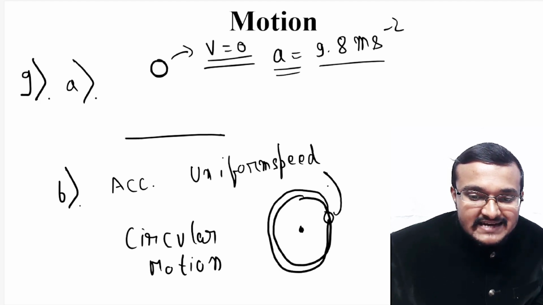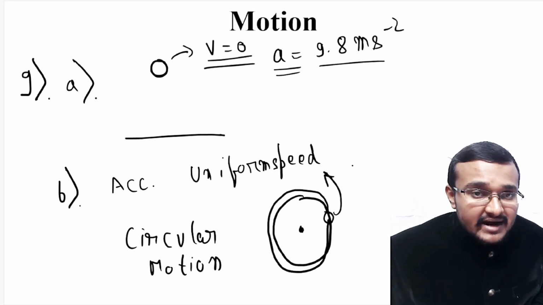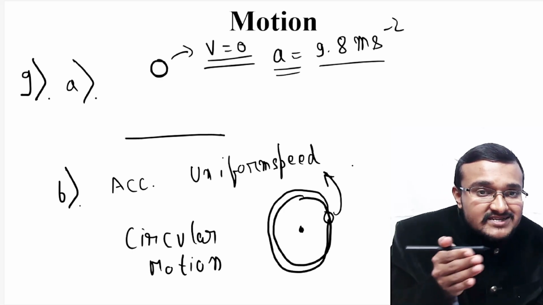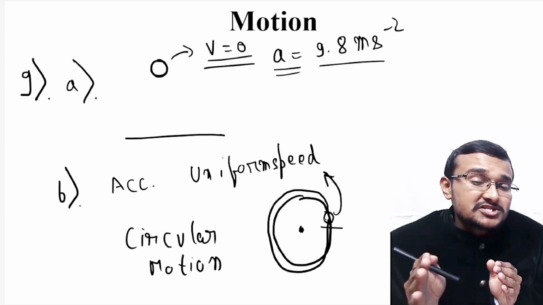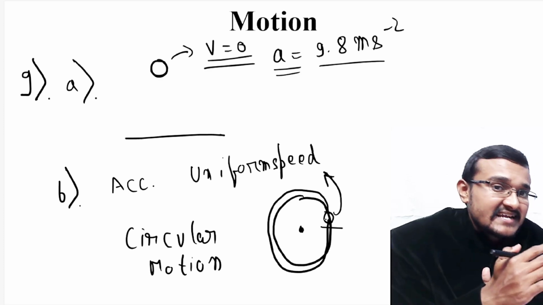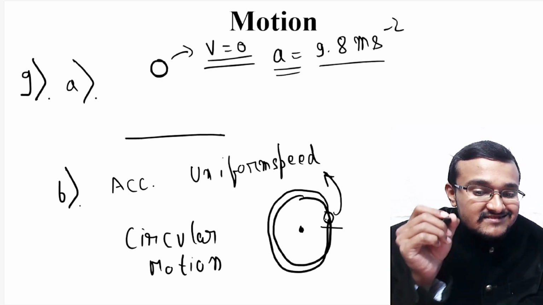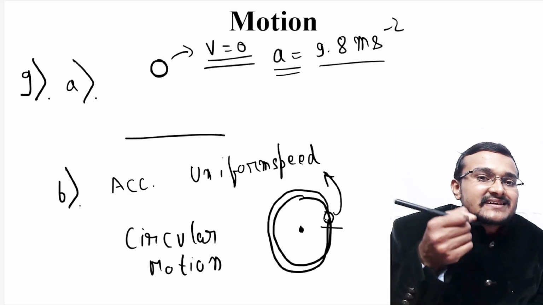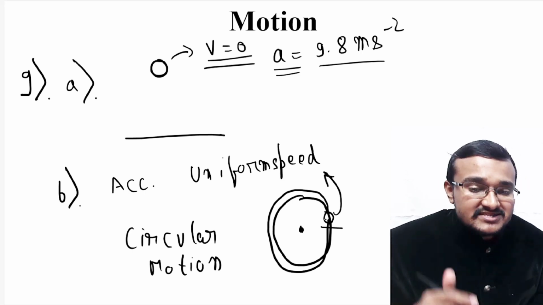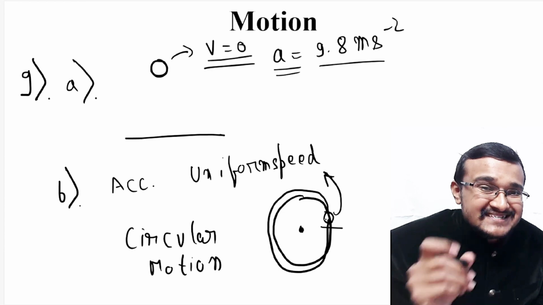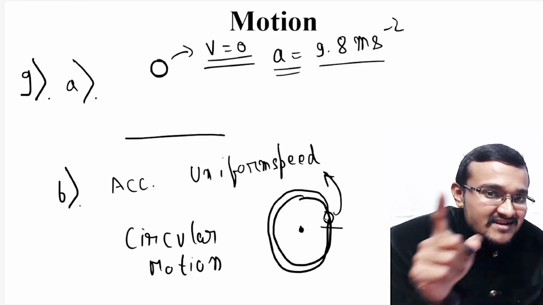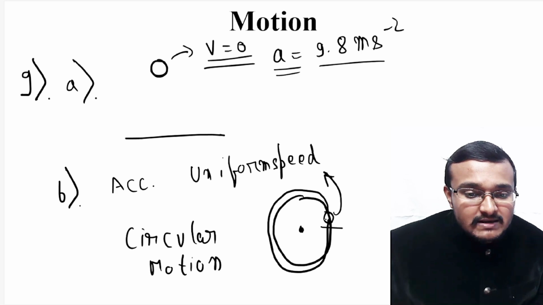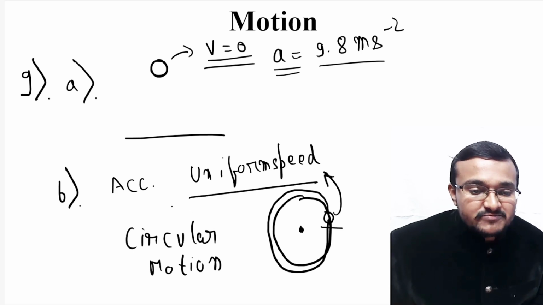That means here the object has uniform speed, but at every instant on that circular path, this object is changing its direction. Because there is continuous change in direction, this object is said to be an accelerated motion object. That means this motion is an accelerated motion but traveling at uniform speed.